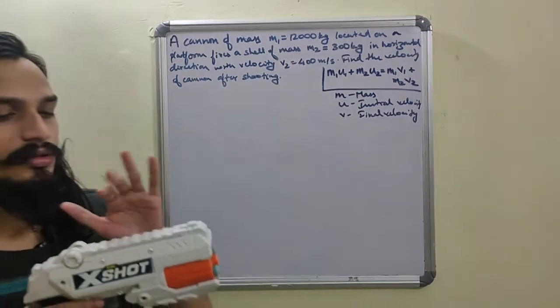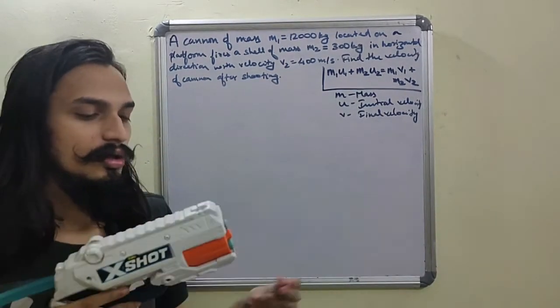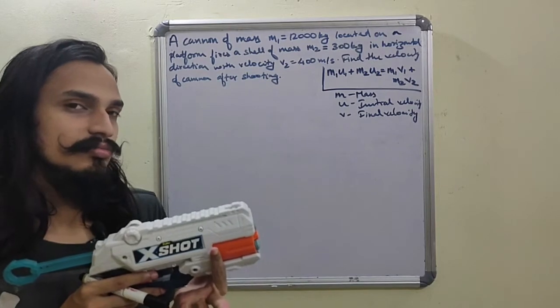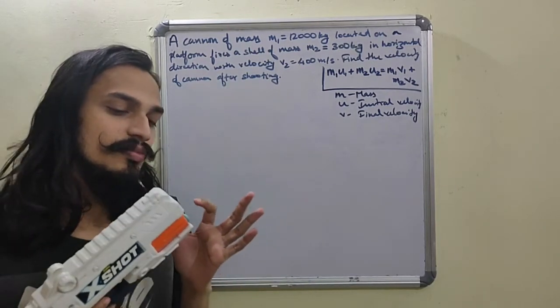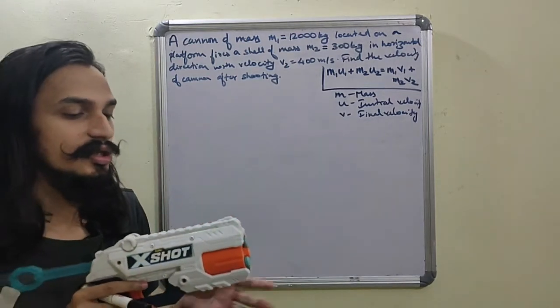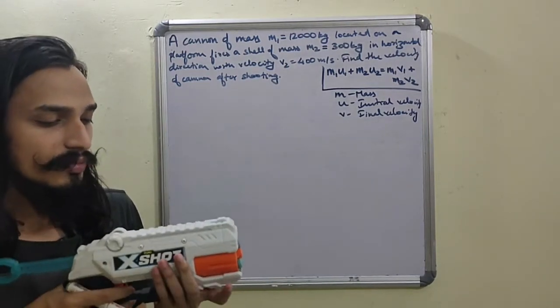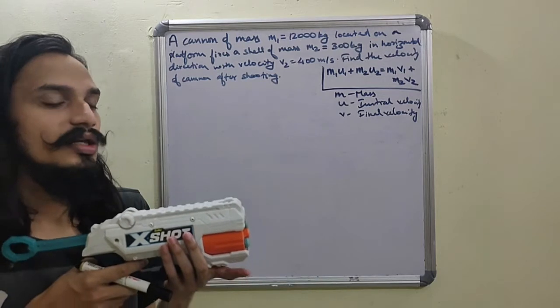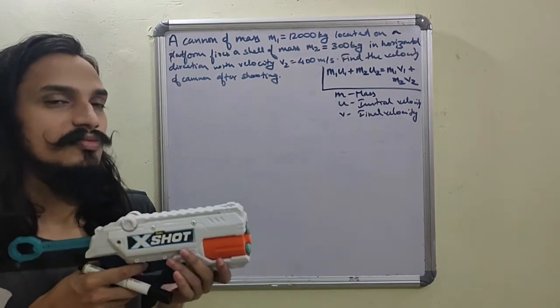Right now, if you see, my gun is not moving, it's at rest, right? Neither is the bullet, or the shell or whatever is inside the gun, right? So now not the bullet, not the gun, nothing is moving.